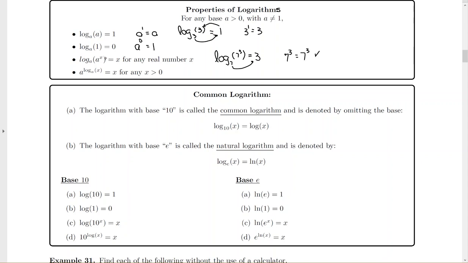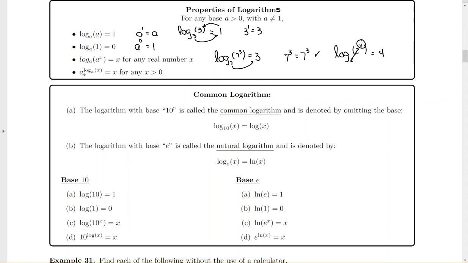And that works for any power. So log base 7 of 7 to the 5th will automatically be 5. Or think about log base 2 of 2 to the 4th will automatically have to equal the number 4. It's like these cancel out and you're just left with what the power is equal to.